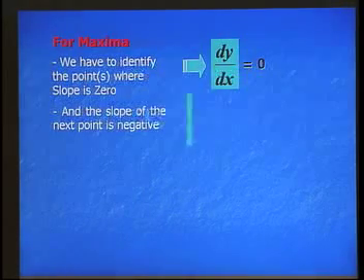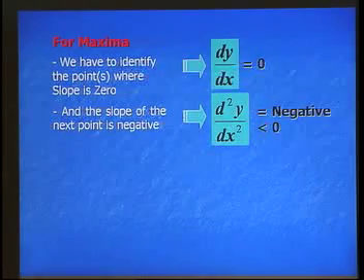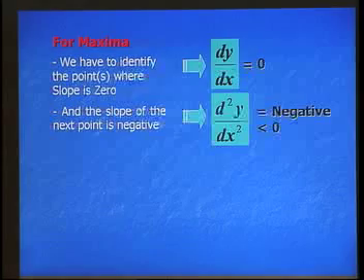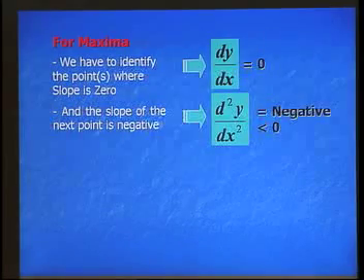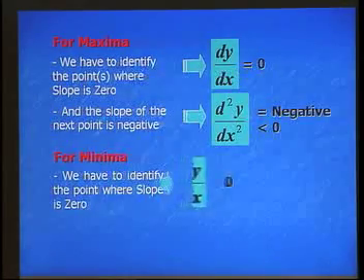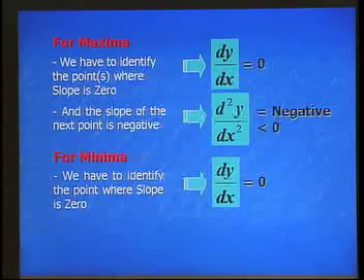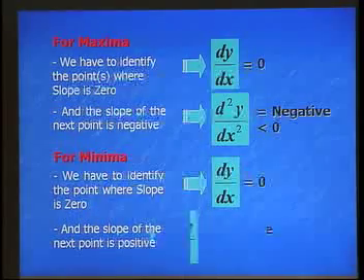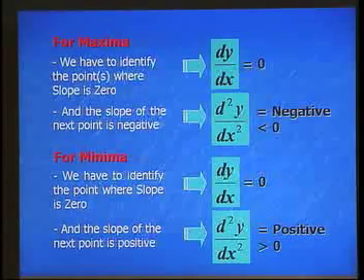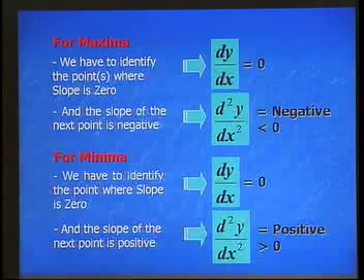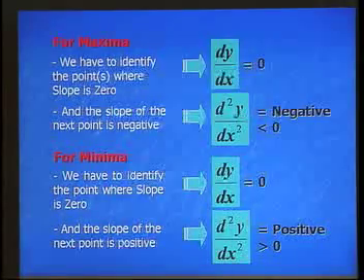Then we have to check whether the slope of the next point is negative. That means the value of the second derivative is negative. Similarly, for minima, we identify the points where the slope is 0 by putting 0 for the first derivative. Then we check whether the slope of the next point is positive. That means the value of the second derivative is positive.